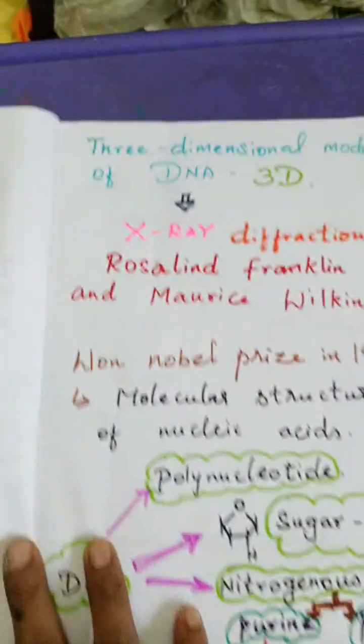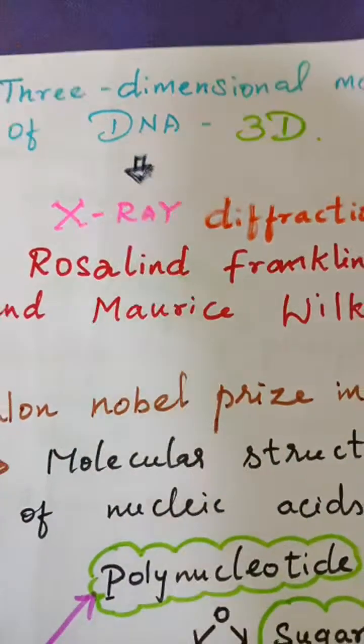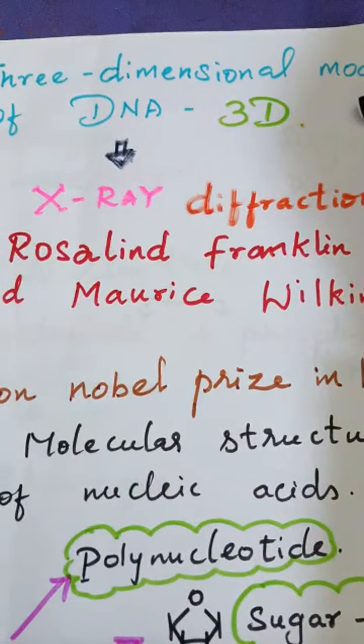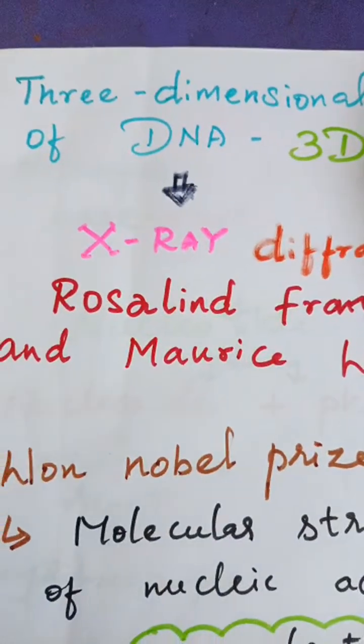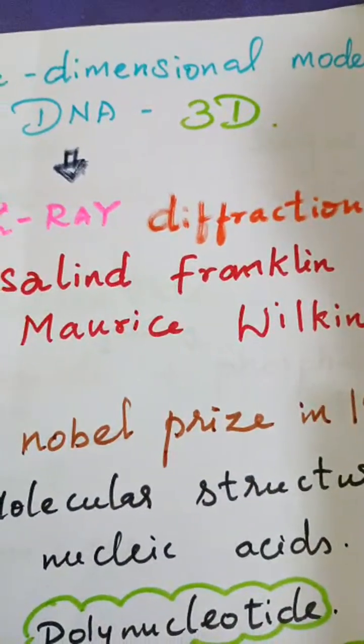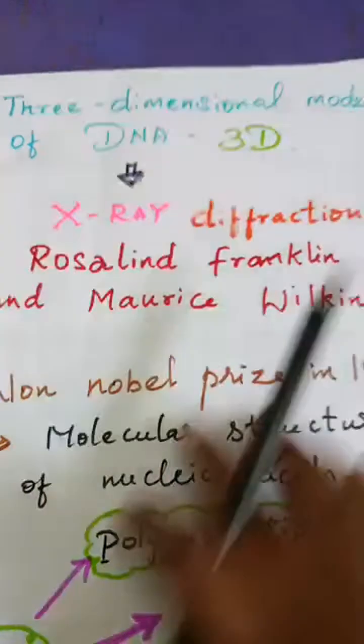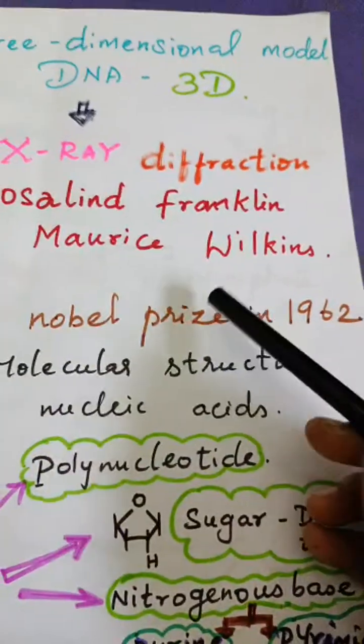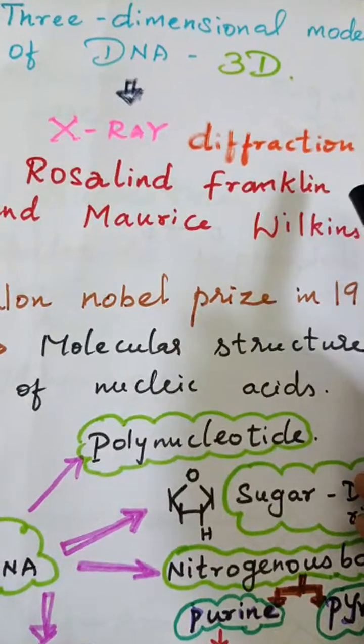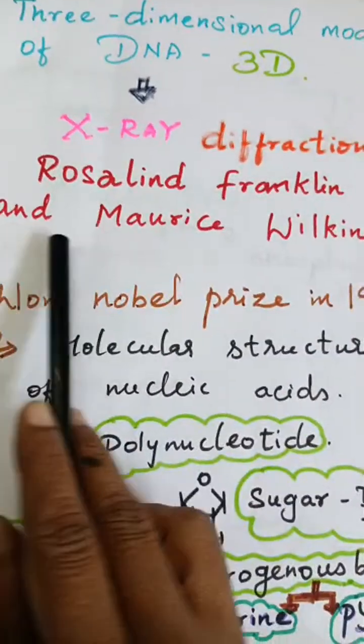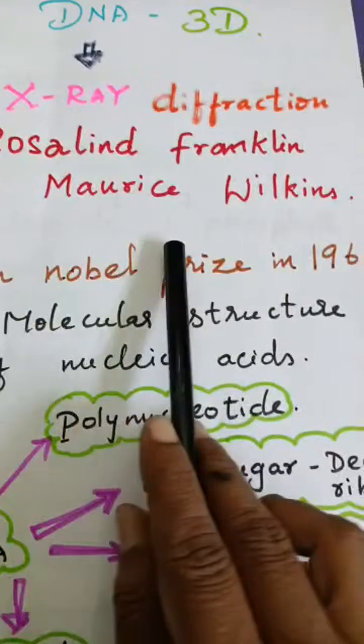It was actually a 3D model, we can say. That's the double helical structure. It is actually a 3D model, and this 3D model is nothing but based on the X-ray diffraction studies done by Rosalind Franklin and Maurice Wilkins.